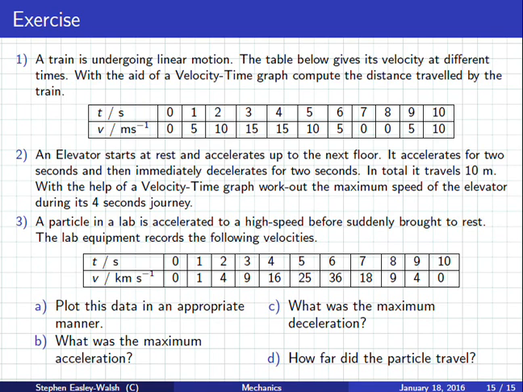So if I want the acceleration, I'll call this A1. A1 would equal this height. How big is that? 20. And this base? 4. So it equals 5 meters per second squared. That's the gradient. And now we want to get the deceleration next.